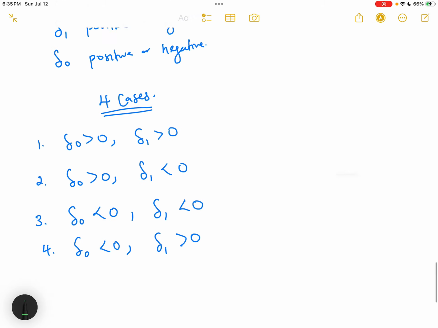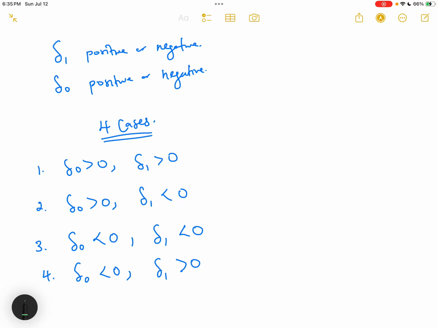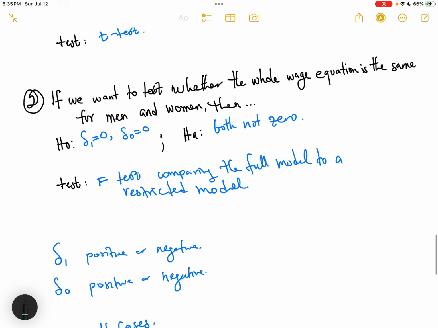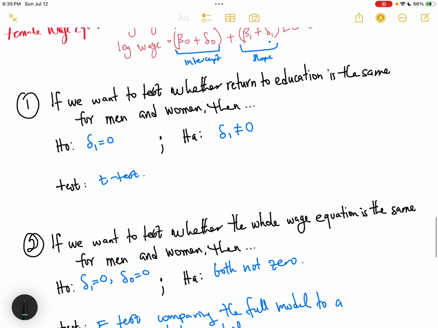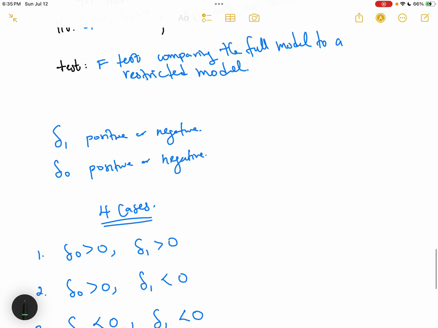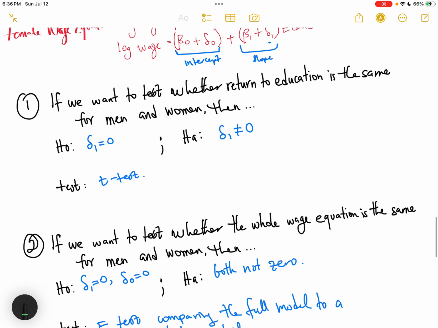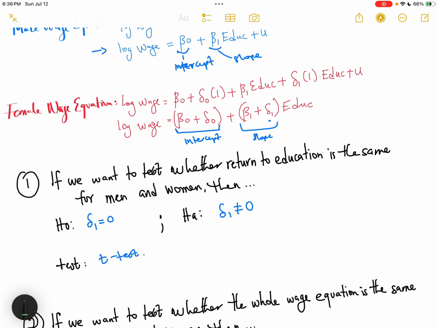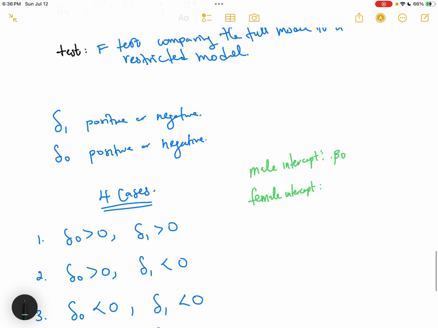Okay, so let me write that out. What do I mean by delta 0 is negative? Well, the male intercept is beta 0, and the female intercept is beta 0 plus delta 0.